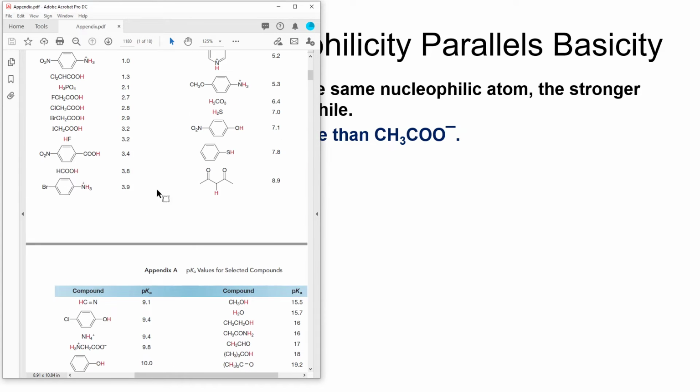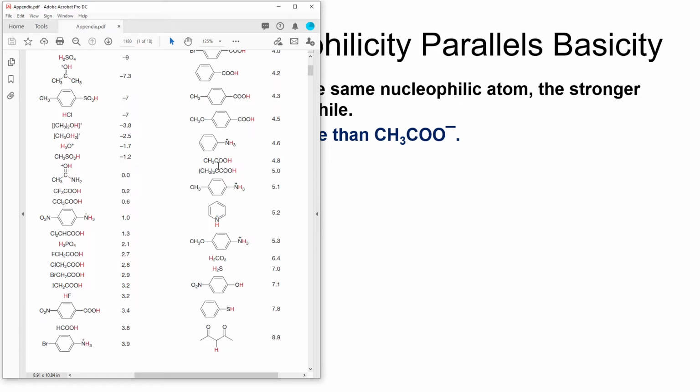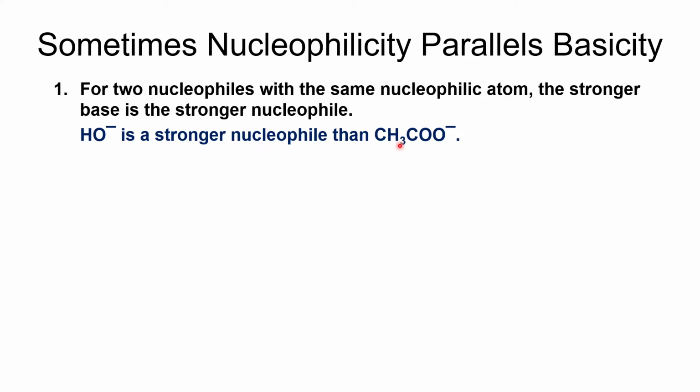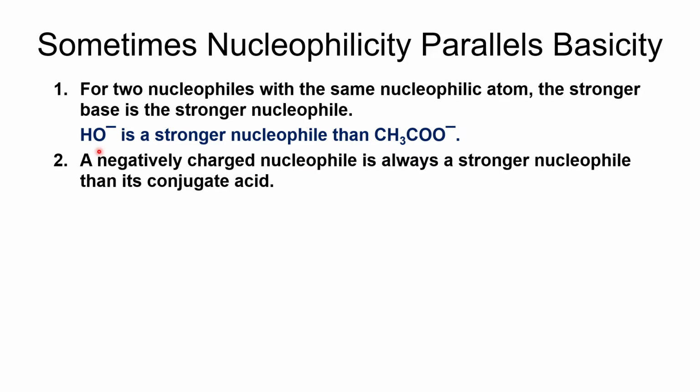All right, I'm going to scroll back up here. Here is acetic acid at 4.8. That means the conjugate acid of this is a stronger acid, which means acetate is a weaker base. That of course is the trend that we learned back in chapter 2. The stronger the acid, the weaker the conjugate base. So the stronger base will make the stronger nucleophile if it's the same nucleophilic atom.